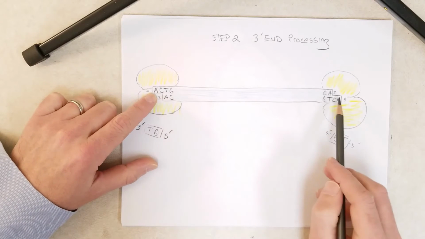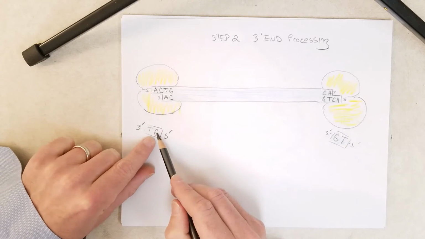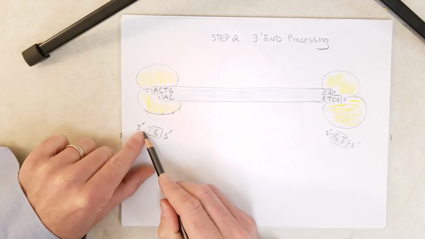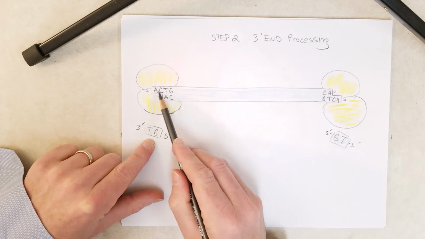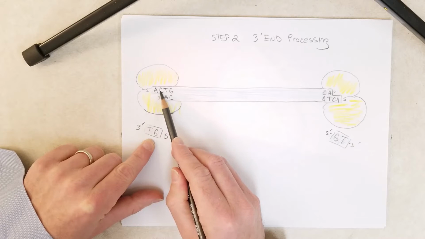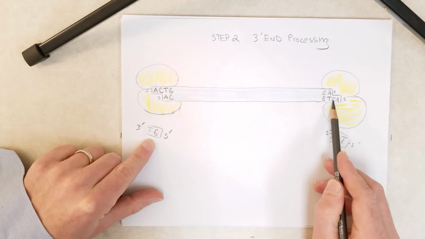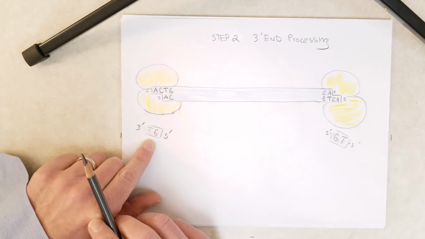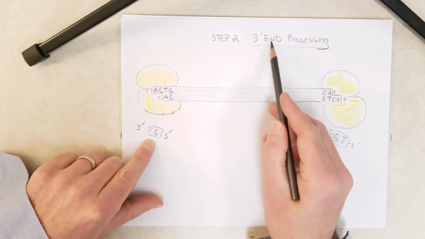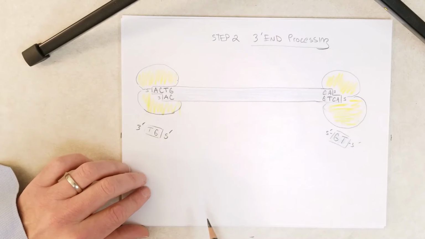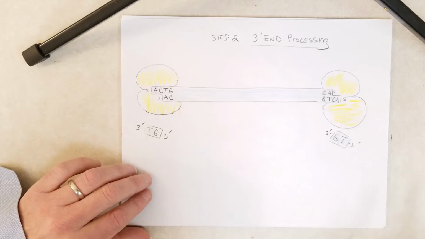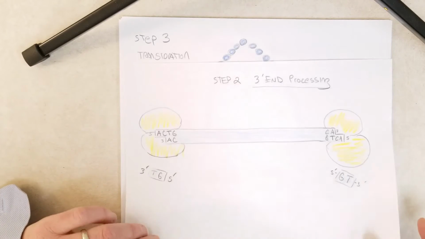These sequences are conserved, and it's thought that the GT dinucleotide is released on each end. So essentially it's leaving a 5' AC dinucleotide on each end. And that's it. So just a really simple 3' end processing on each end of the HIV-1 DNA.